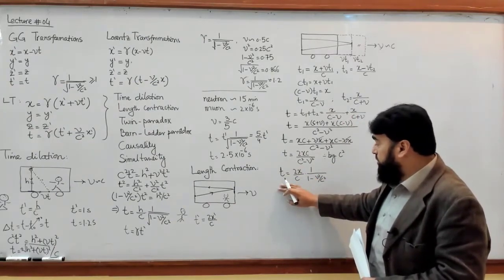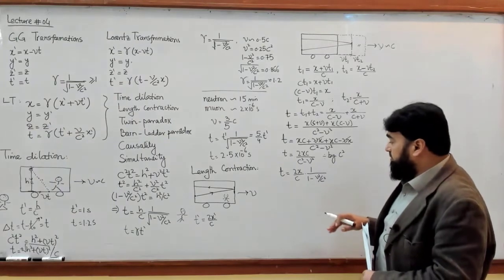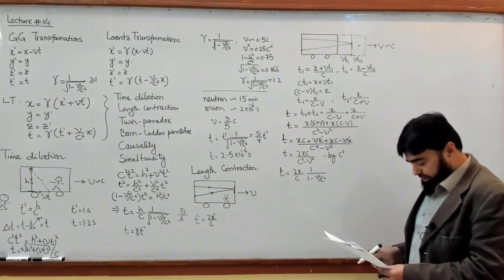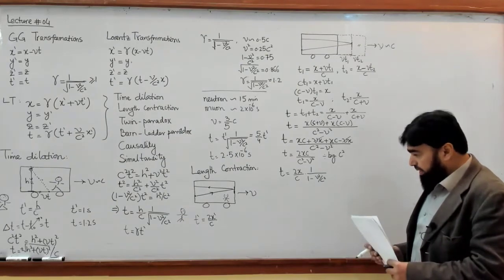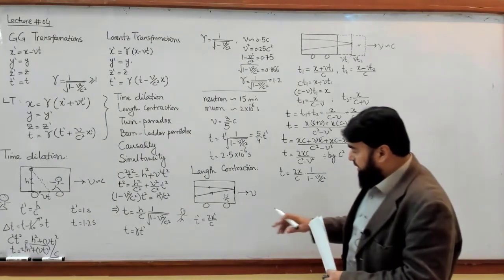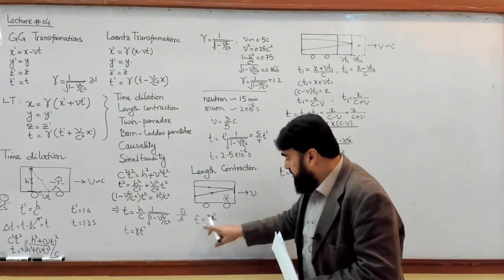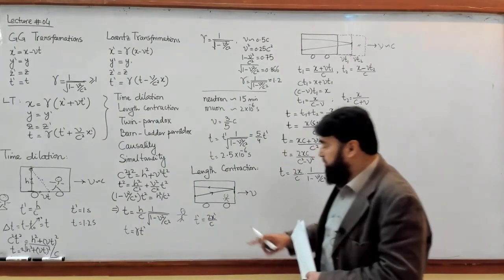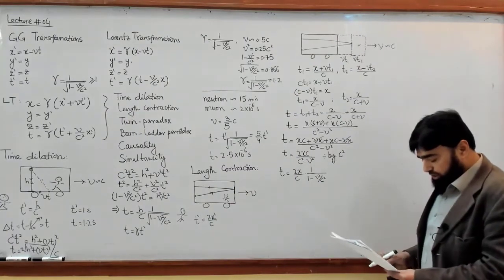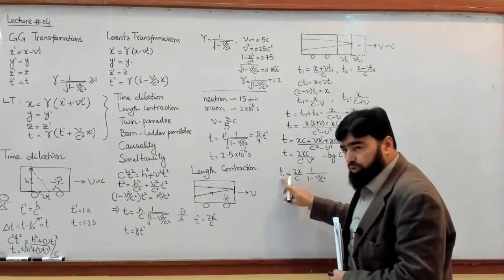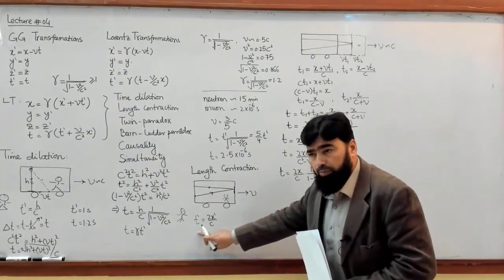But if I look at the time measured in the moving frame, this observer has measured 2x prime over c. We got the value of t, and we got the value of t prime as well.